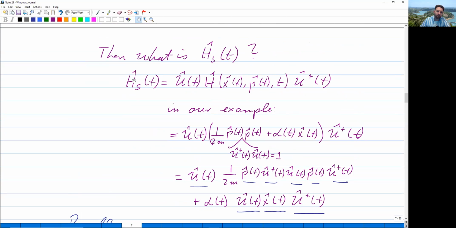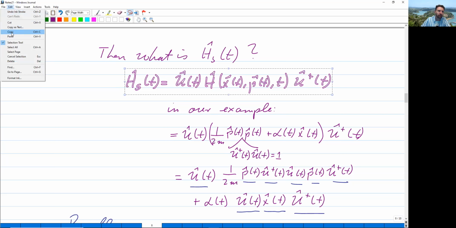The Heisenberg Hamiltonian is u hat h u hat dagger. So from this we have, let's just copy it and paste it.